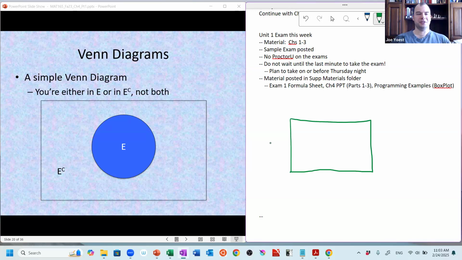The relative sizes of the boxes and circles and so on really don't have meaning. But this box, we imagine containing all of the outcomes for the sample space. So all of the outcomes for the sample space are in this rectangle. And then we represent events as circles in the rectangle.